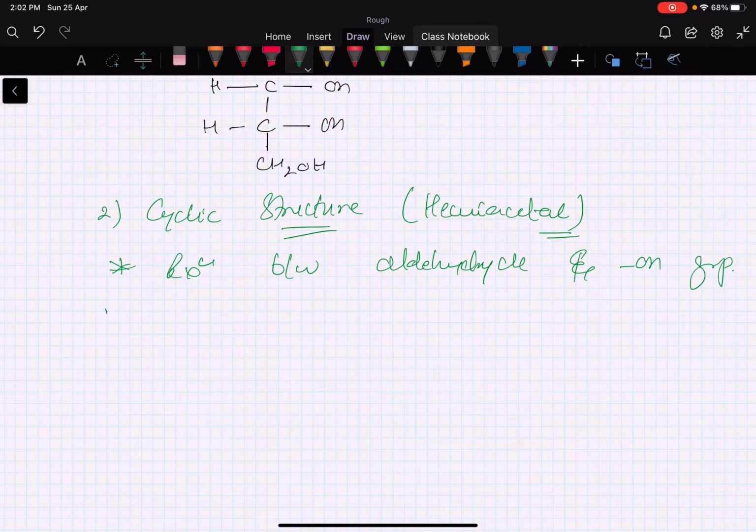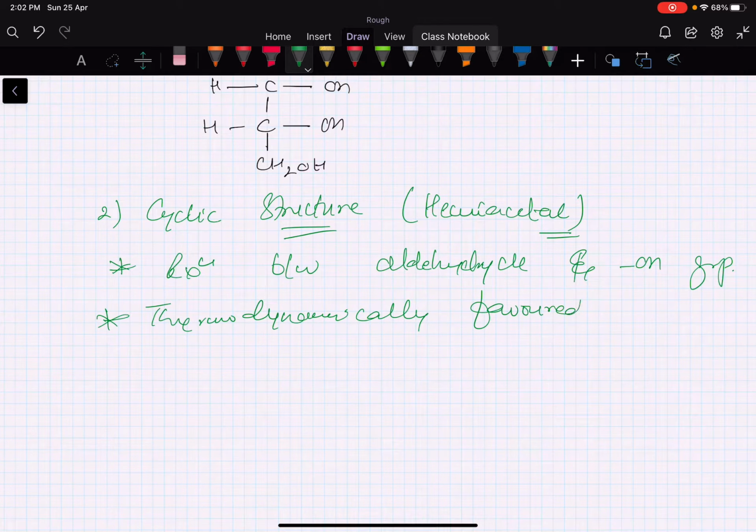This is thermodynamically favored, and this explains the properties of glucose which cannot be explained by the straight chain structure formula.